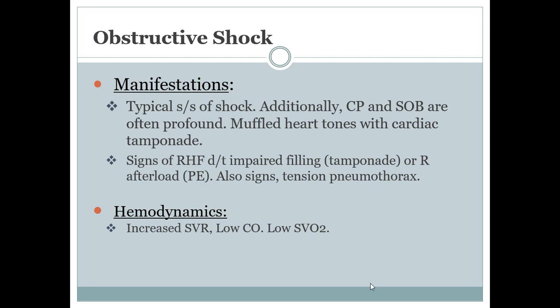So typical manifestations of shock are usually the result of that decreased cardiac output and impaired peripheral perfusion. Additionally, chest pain and shortness of breath are often profound. You might have some muffled heart tones with cardiac tamponade. You might have some signs of right-sided heart failure due to impaired filling. You might have tamponade or right afterload, so if you have a PE. You might also have signs of a tension pneumothorax, which is life-threatening.